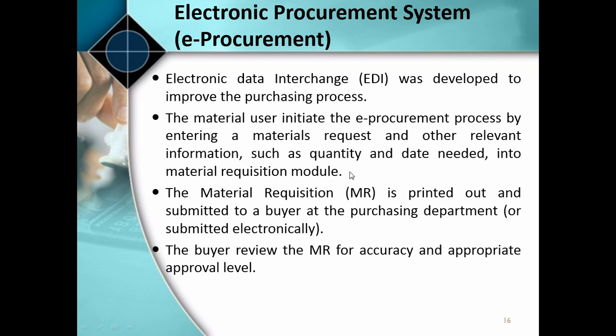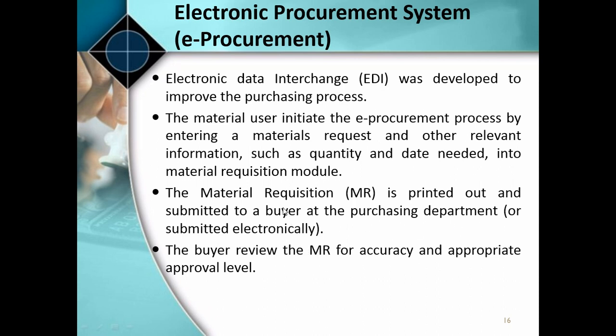Dia still sama. Process of buying tu still ada material requisition, request for proposal ke. Benda tu still ada, cuma kita buat benda ni melalui sistem, tak perlulah nak guna paper base. The material requisition is printed out and submitted to a buyer at purchasing department or submitted electronically.